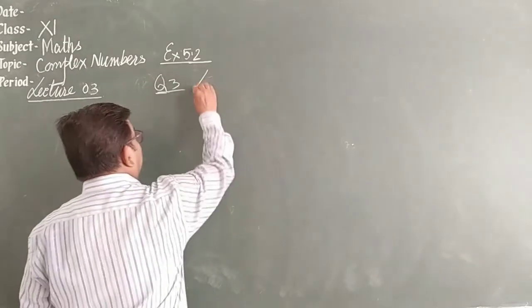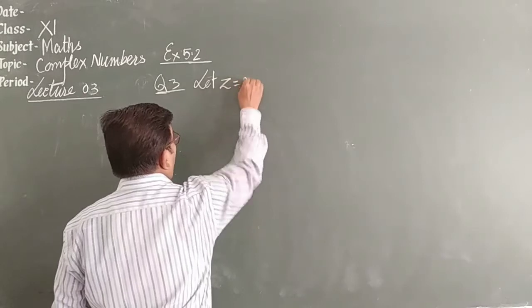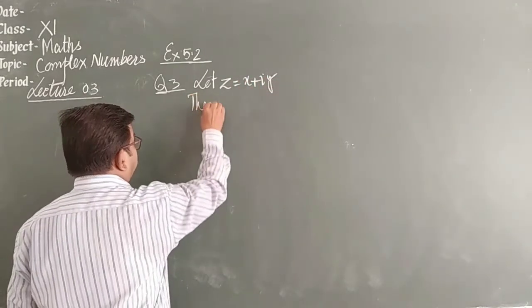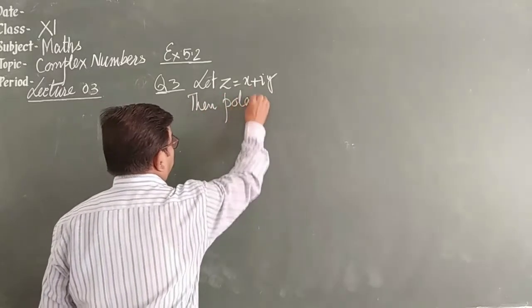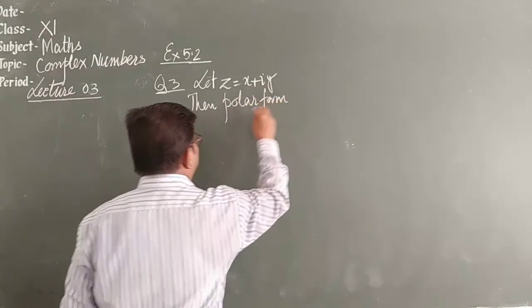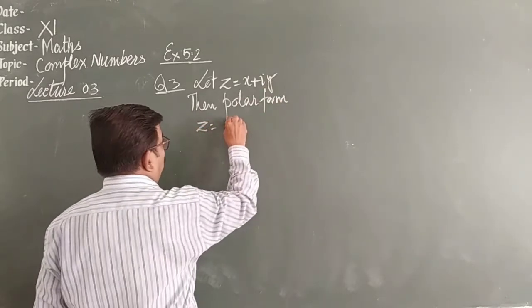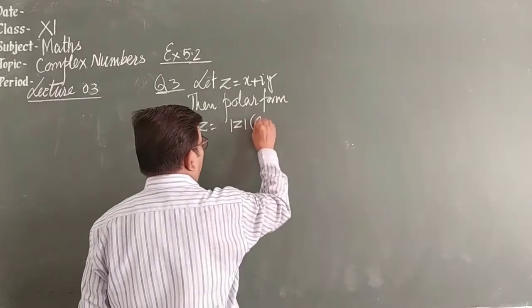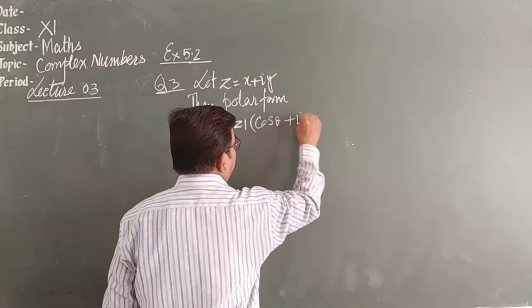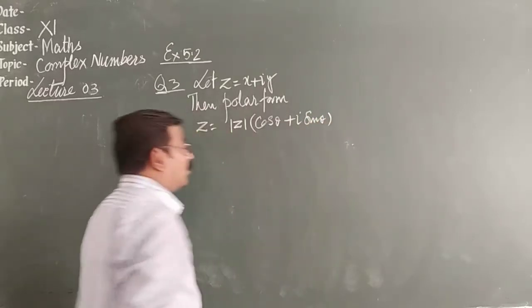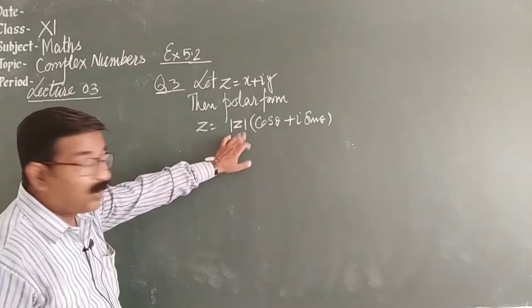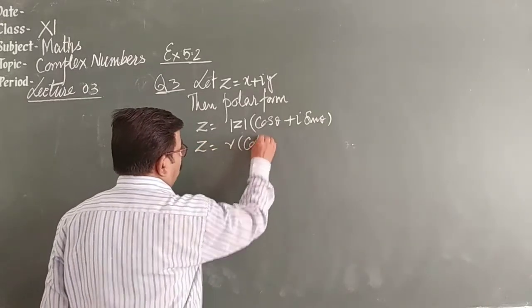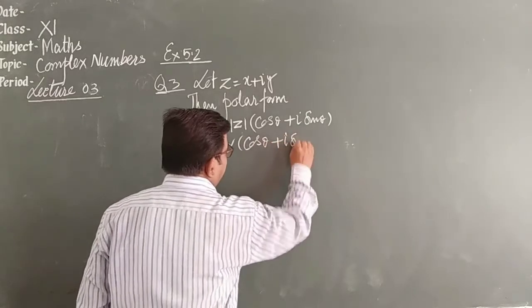So let z is equal to x plus iy be a complex number, then polar form is z is equal to mod of z into cos theta plus i sin theta, and this modulus of z is written as r. So z is equal to r times cos theta plus i sin theta.